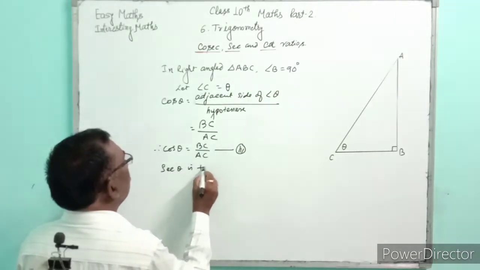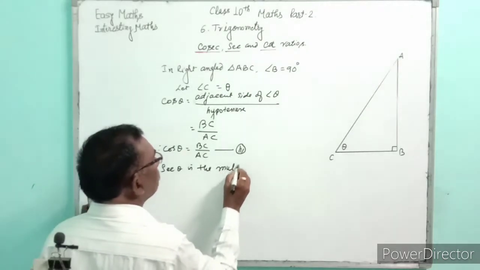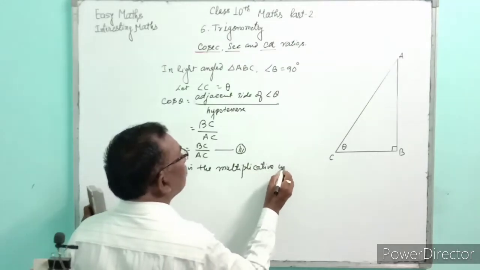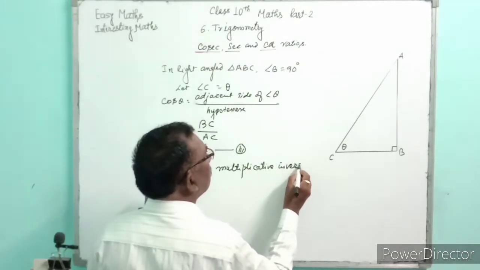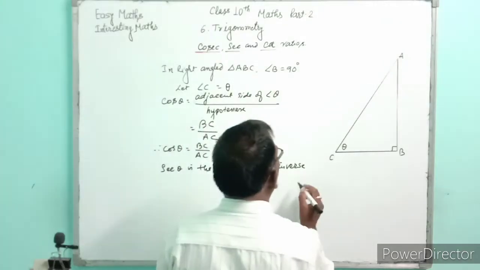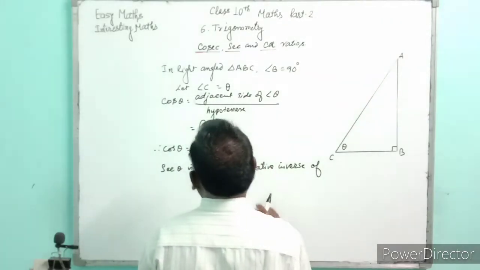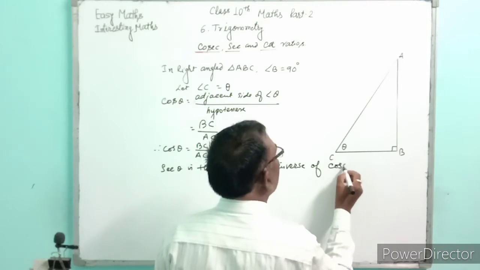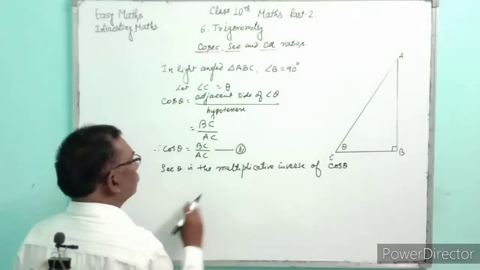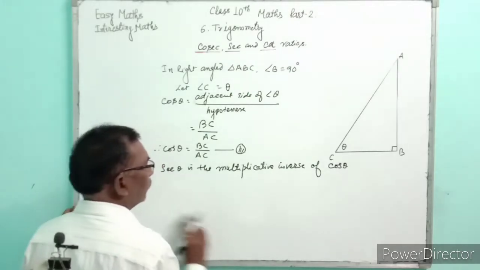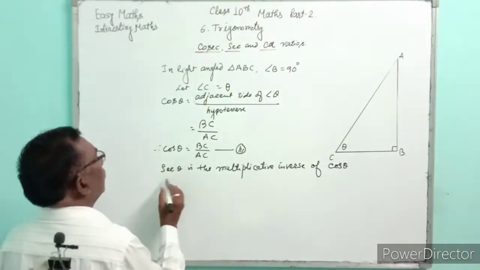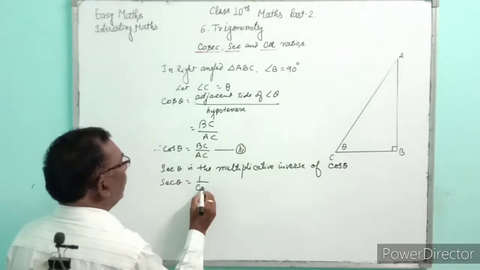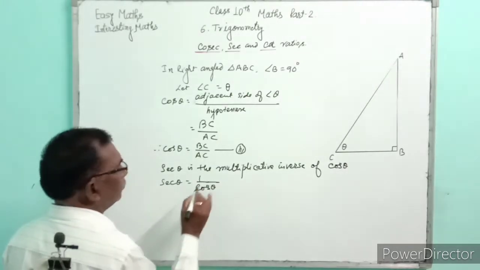Sec theta is the multiplicative inverse of cos theta. Now, sec theta is equal to 1 upon cos theta.